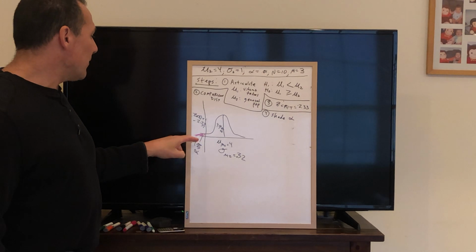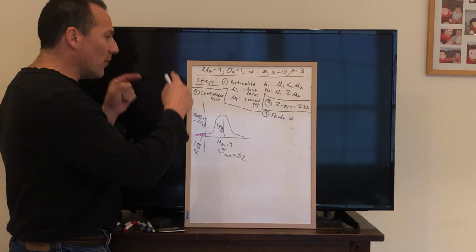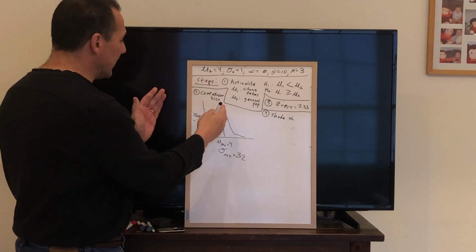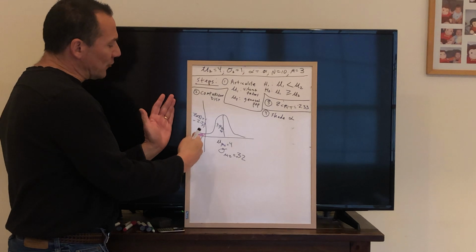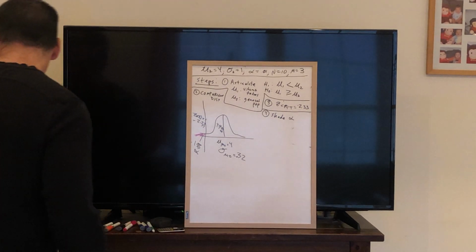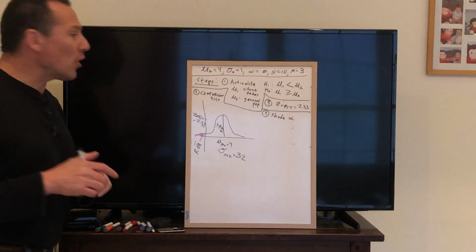And the question of power is the question of what percentage of that upper distribution, corresponding in this case to the special population of vitamin takers, is extreme enough to reject the null hypothesis on this lower distribution. So step number 5 is to actually draw that upper distribution.